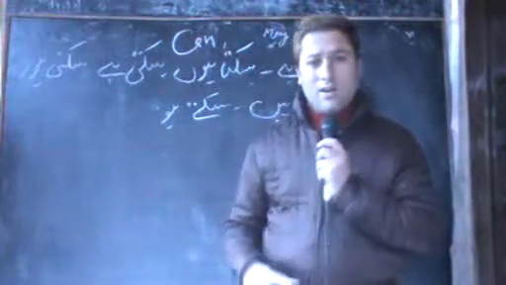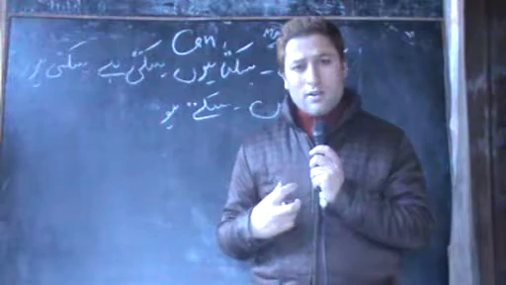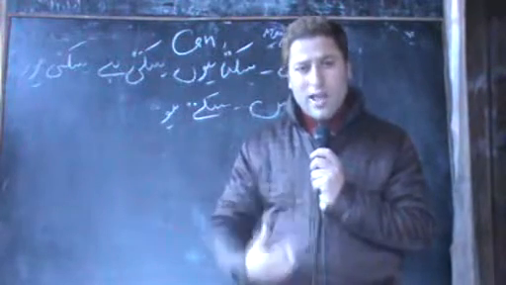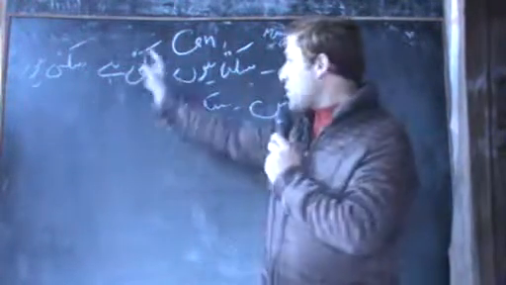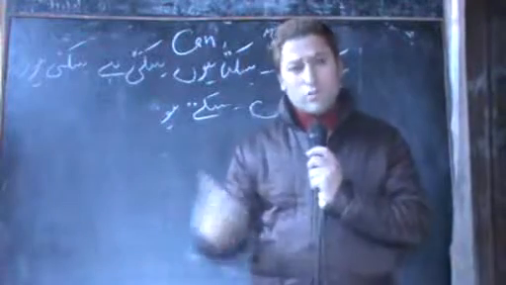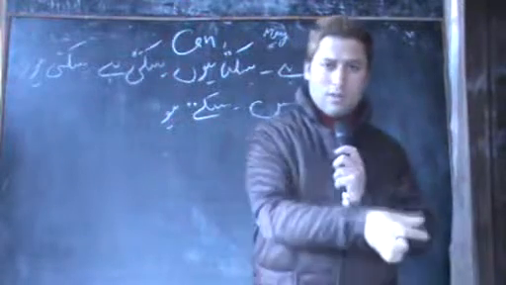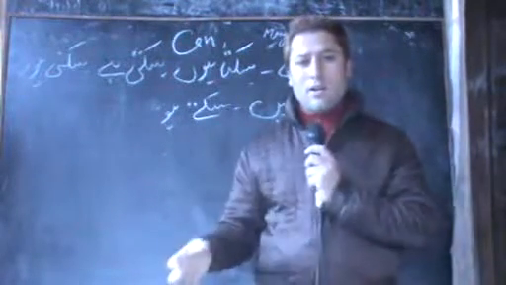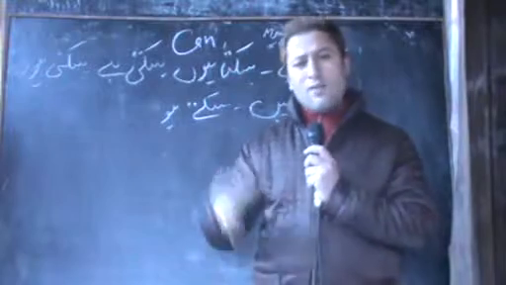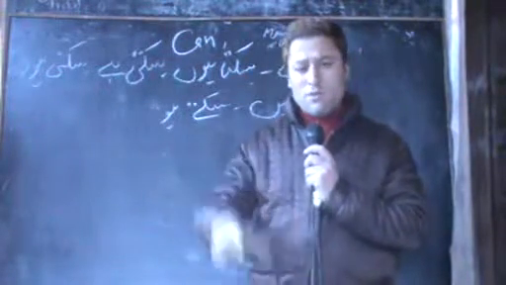Then we have sakta hu, that would definitely be carrying the subject like the first person singular, I. Then we have sakti hai. Such sentences will have subjects like she, wo, ek aurat, a woman, ek ladki, a girl, or any feminine subject or pronoun.